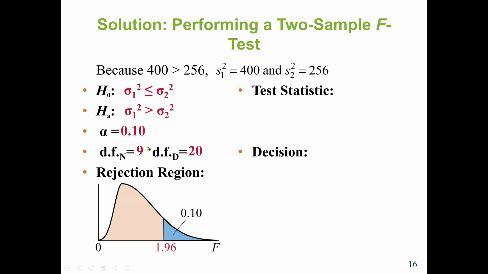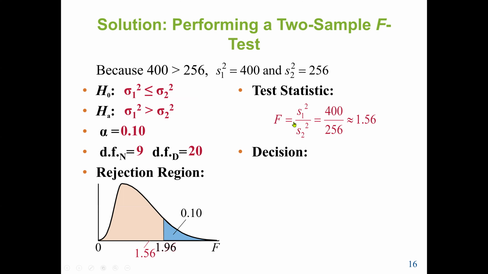When we look at the critical value, we get 1.96. And that's where our line comes in. So to the left of 1.96 will be the acceptance area. To the right of 1.96 will be rejection. So we have our values now.